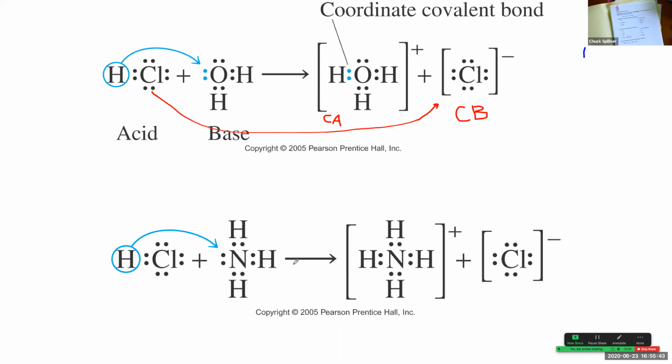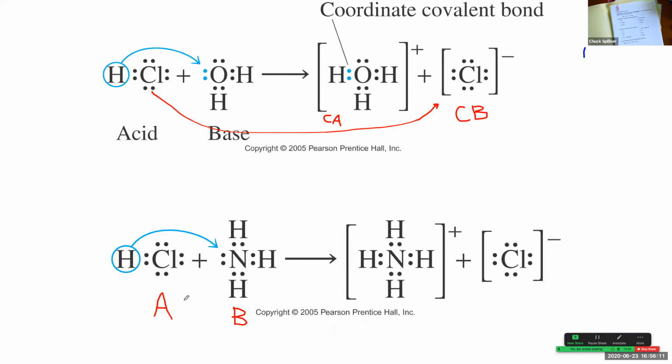Here's another example of an acid-base reaction in the lower part of this slide. Again, we're using HCl, and this time we have ammonia as a base. Ammonia is the proton acceptor. So ammonia is the base. One of the goals is to be able to tell if it's an acid-base reaction.